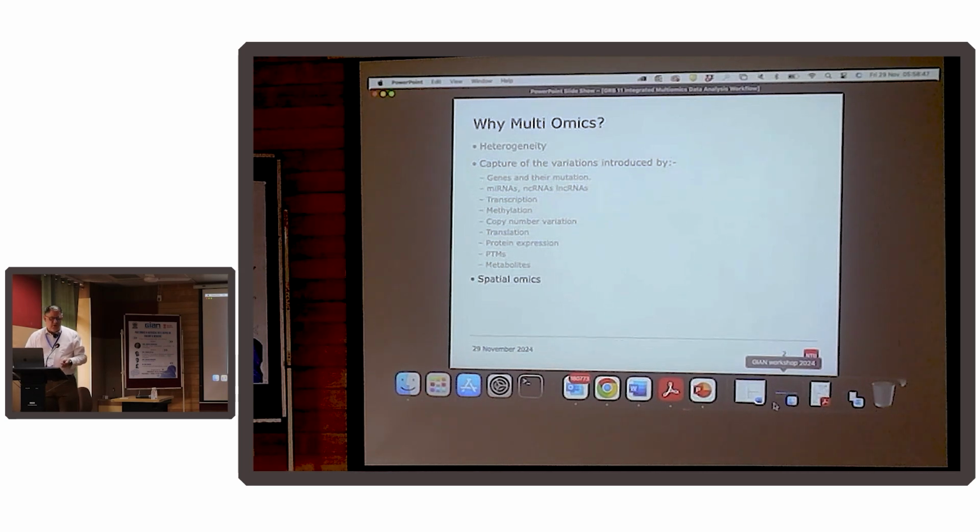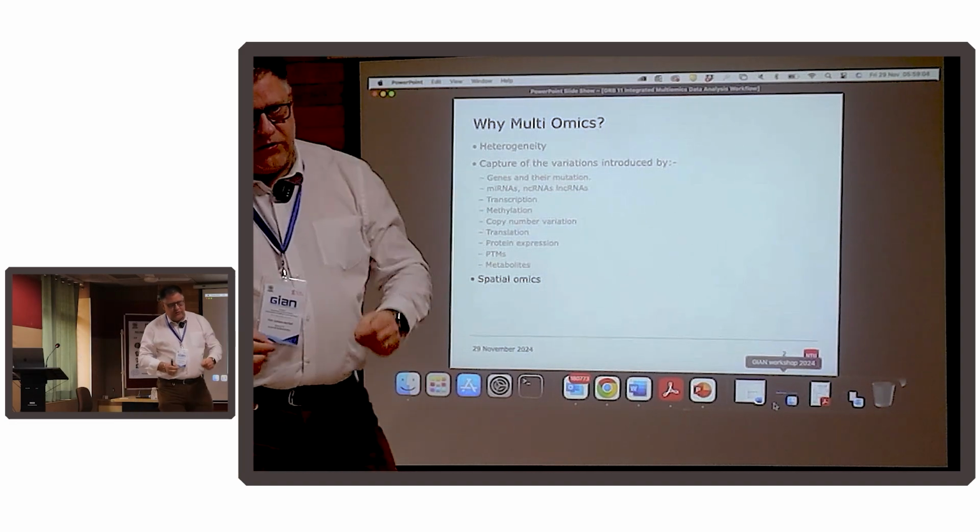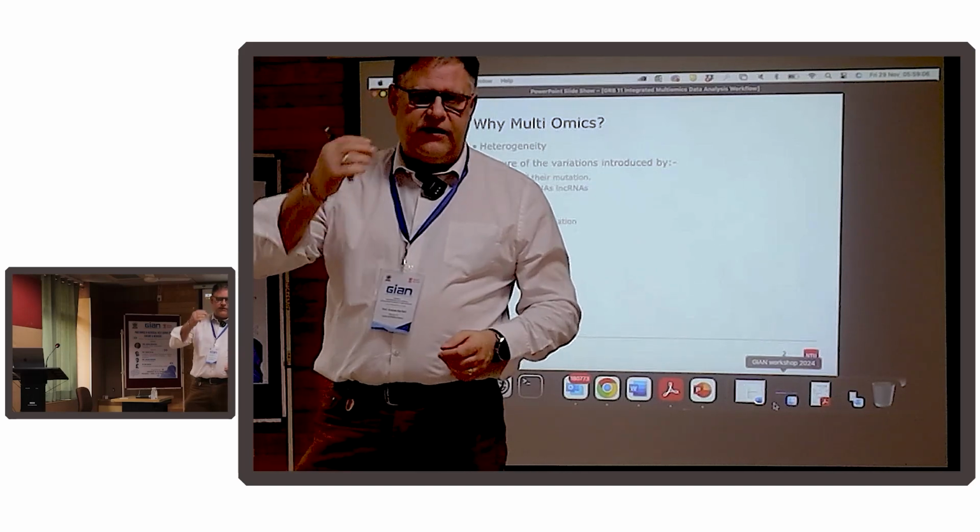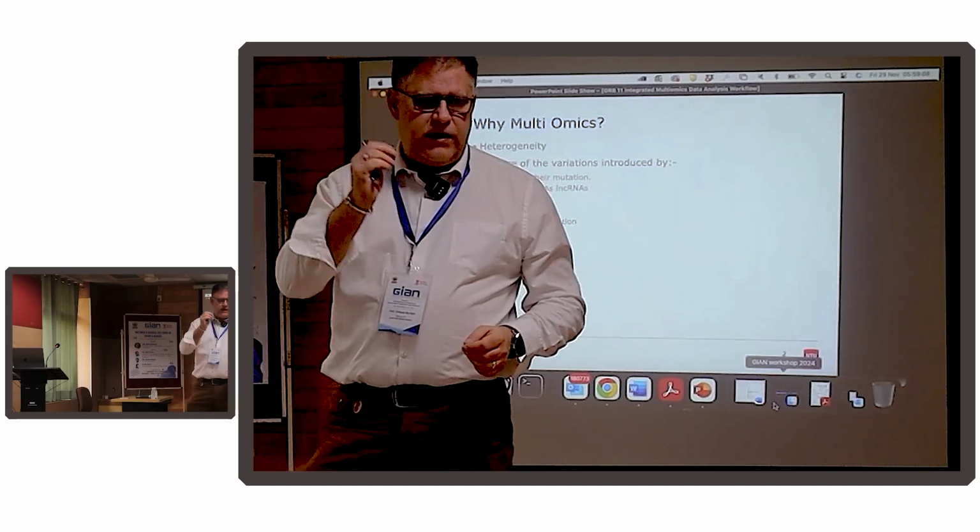We can also look now at spatial omics. So, have any of you heard of nanostring DSP? So nanostring DSP, you have a slice of tissue, you create regions of interest, and you get counts of sequence.